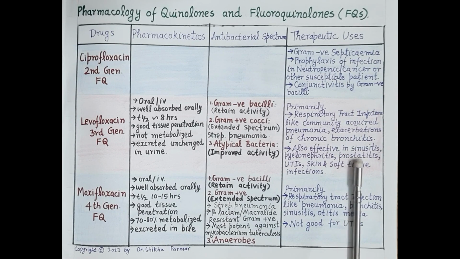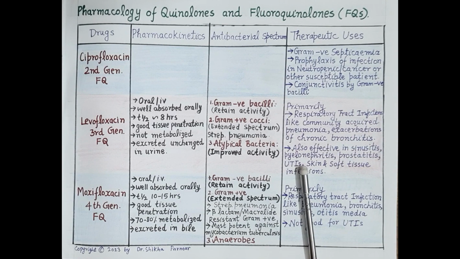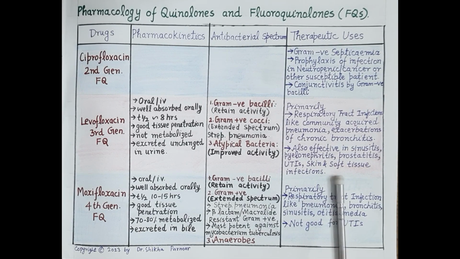It is also effective in sinusitis, then in the treatment of pyelonephritis, prostatitis and other urinary tract infections. It can also be used in the treatment of skin and soft tissue infections.